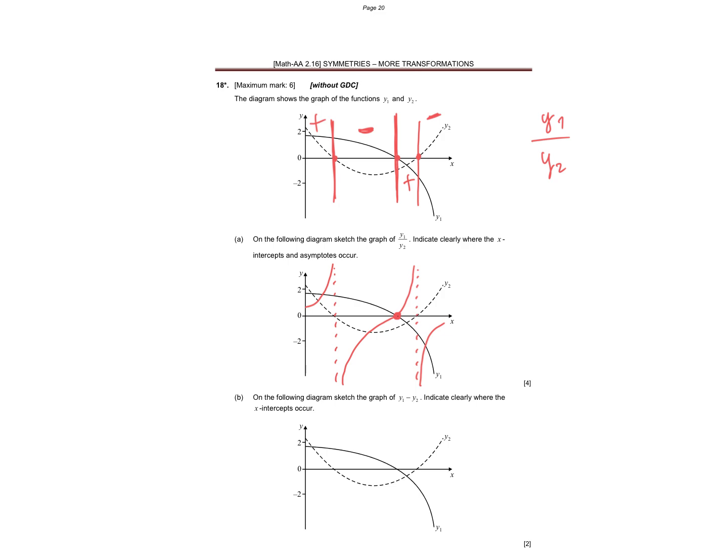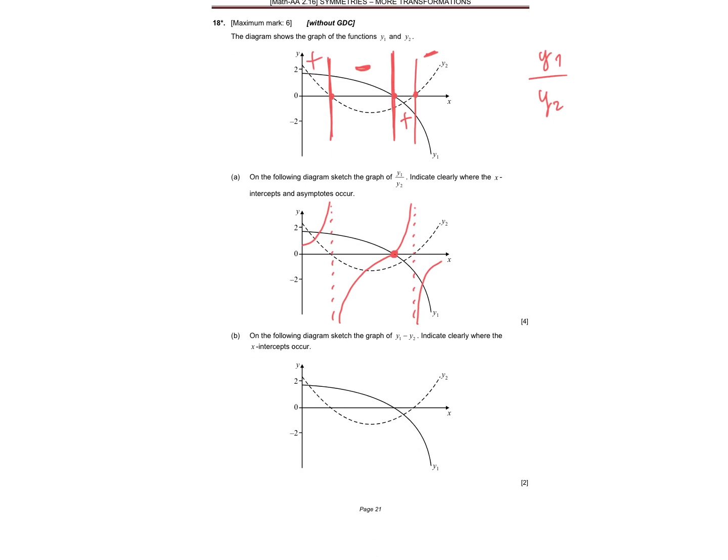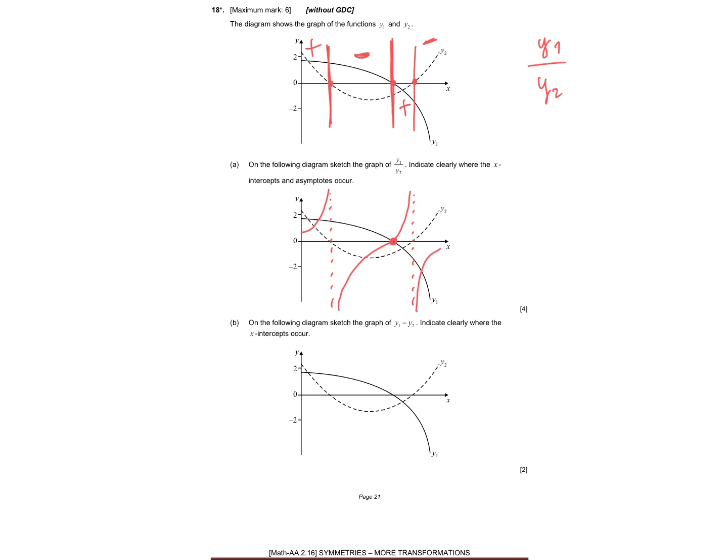So, yeah. Now, on the following diagram, sketch the graph of y1 minus y2. Indicate clearly where any x-intercepts are. So we want x-intercepts. So that's when y is 0. So it's when y1 equals y2.